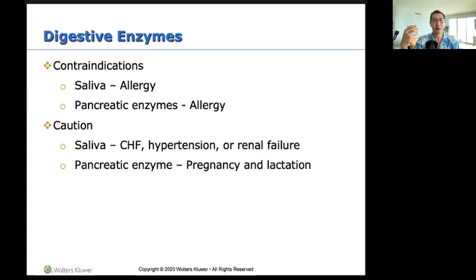So I'm going to be introducing more fluids into your system. It may or may not be much, but in extreme cases, I want full control of every single drop of fluid into your system, and I will lose control of that if I give you this. Pancreatic enzyme: pregnancy and lactation, watch out for those patients.